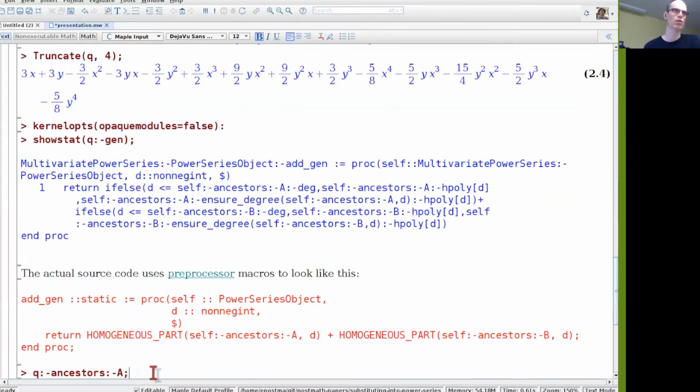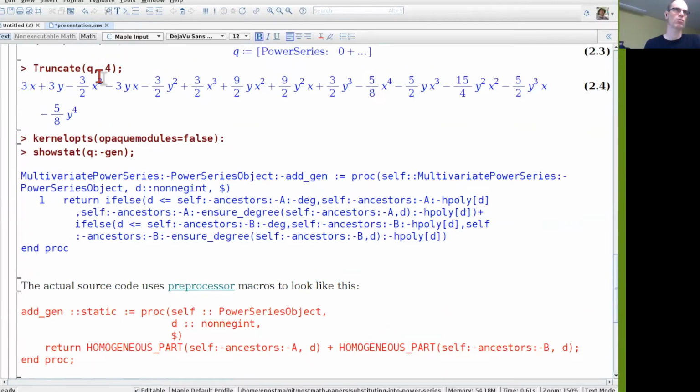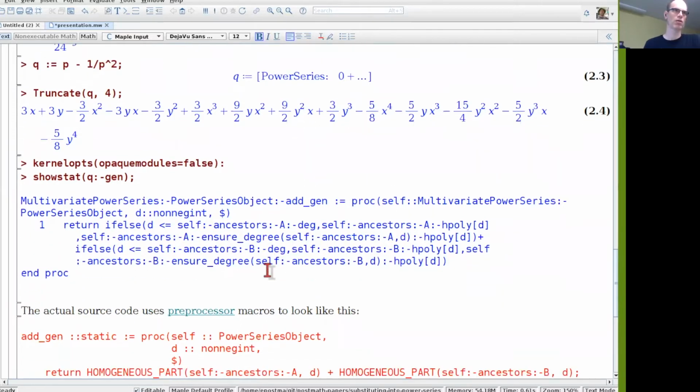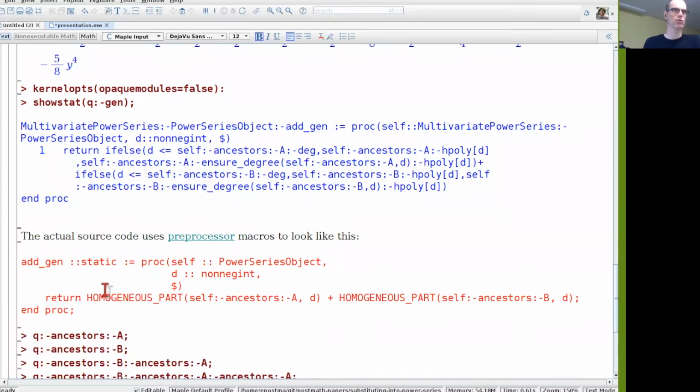We can examine what that looks like for this object Q that we created with these arithmetic operations. And this looks like a bit of a mess, but I happen to have access to the source code, so I can tell you that it uses preprocessor macros to do this. So this looks relatively simple.